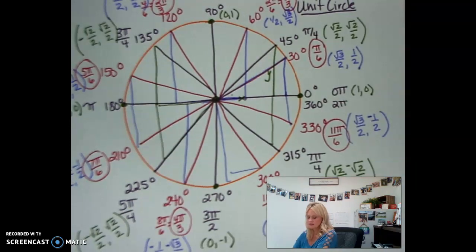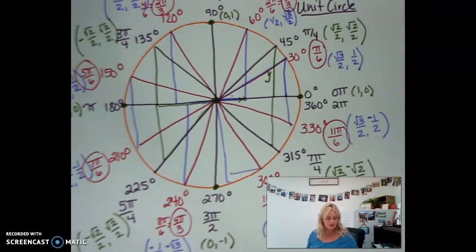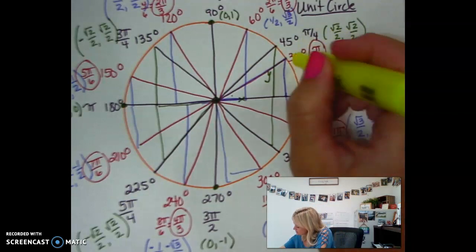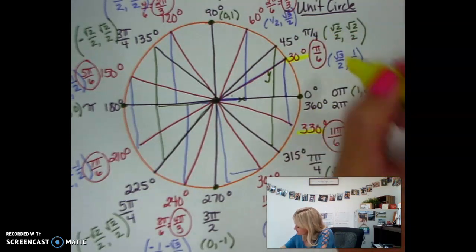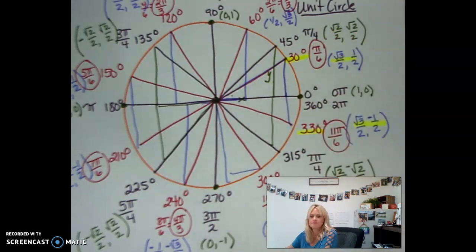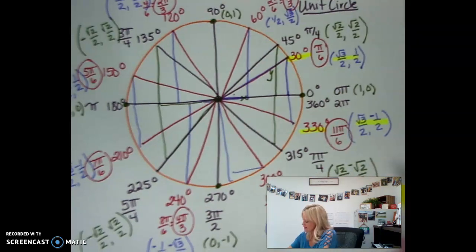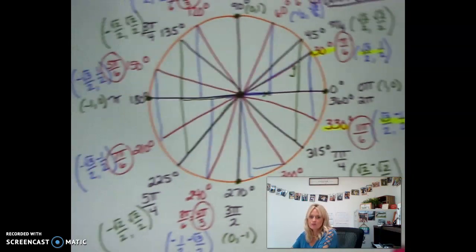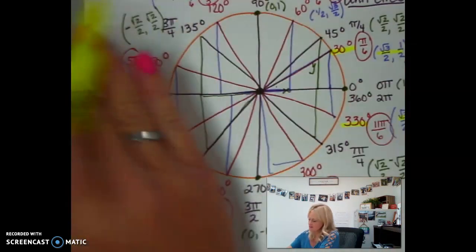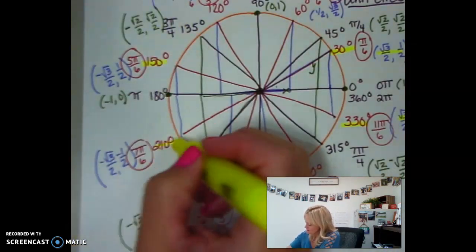Now, what similarities do you see? Well, if you look here, do you see how these 30 degree and 330 have the same values? It's just that the x's and y's are negative or positive. And they are exactly the same when they are reflected over here.